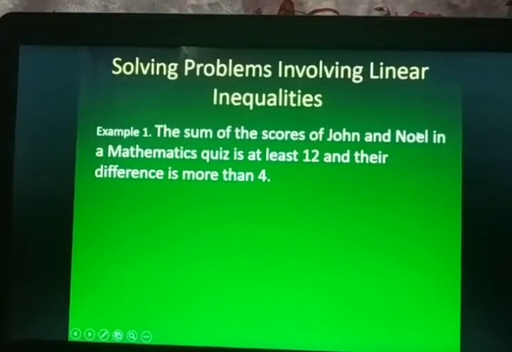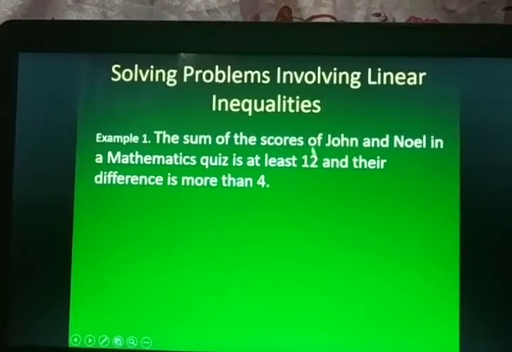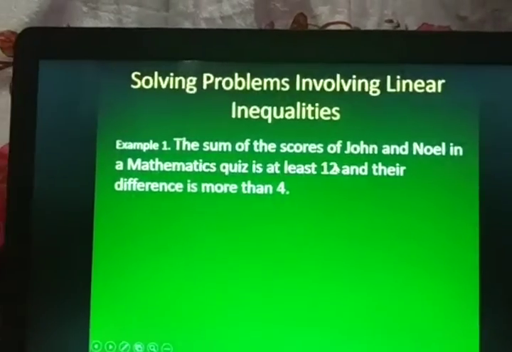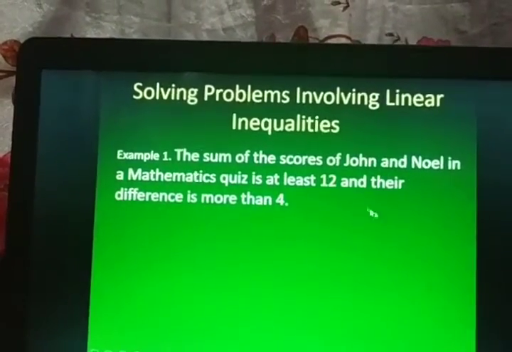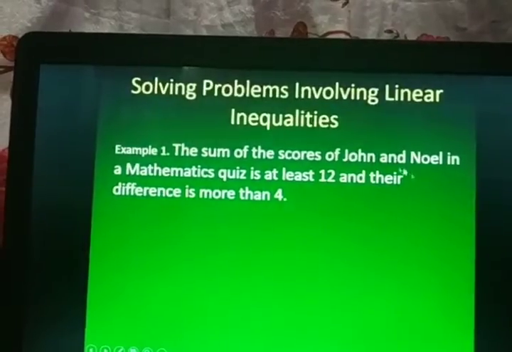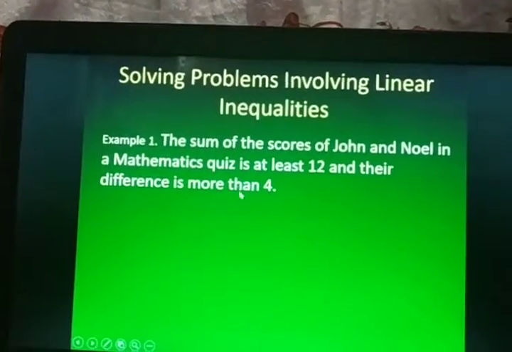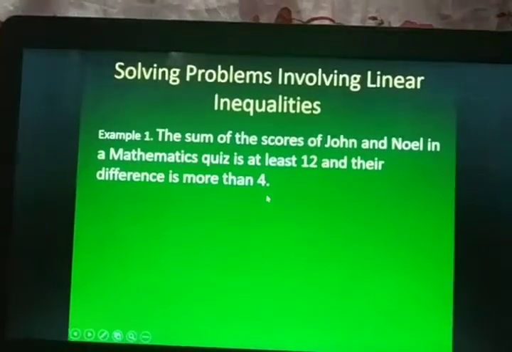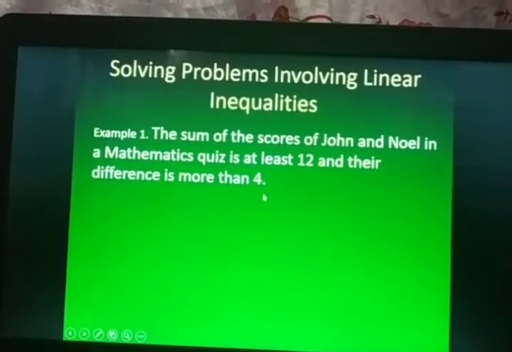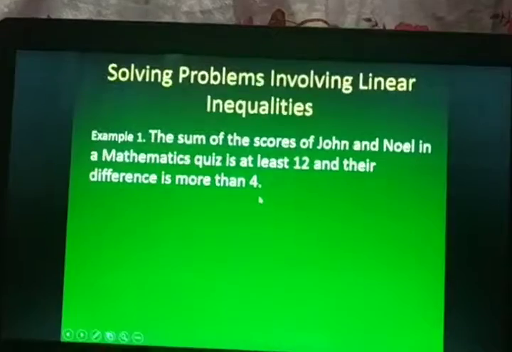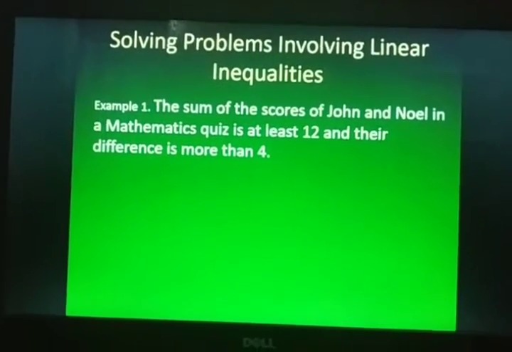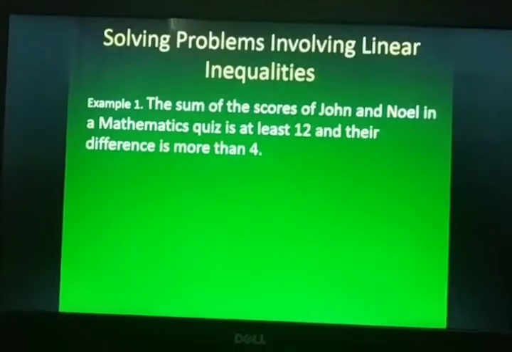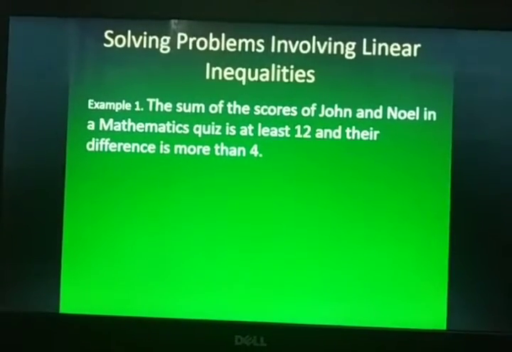It can be higher, but it is at least 12. And their difference, when you subtract the scores of John and Noel, is more than 4. There is a difference of 4 in the scores of John and Noel. We don't know kung sinong taas, si John or si Noel. Wala man ginapamangkot, pero what are the scores?